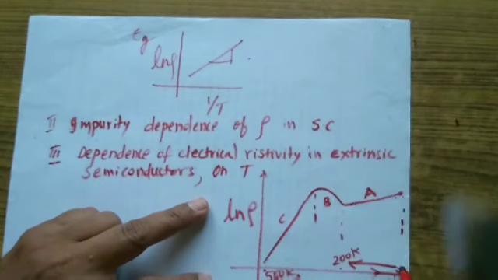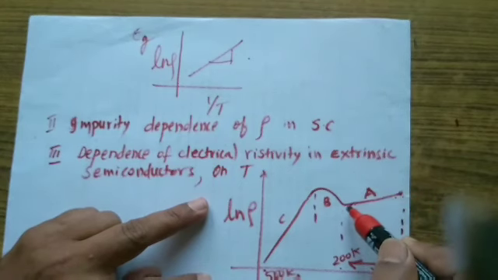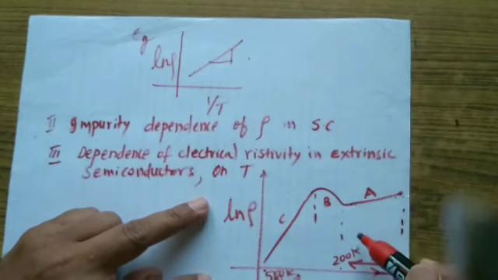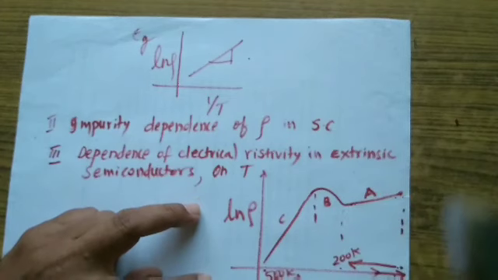If we raise the temperature from 0 degree Kelvin to a typically high temperature, let us say 200 degree Kelvin, the ionization of impurity atoms will take place, which causes production of a few free electrons, which contribute to the electrical conductivity, which increases the electrical conductivity or decreases the electrical resistivity.